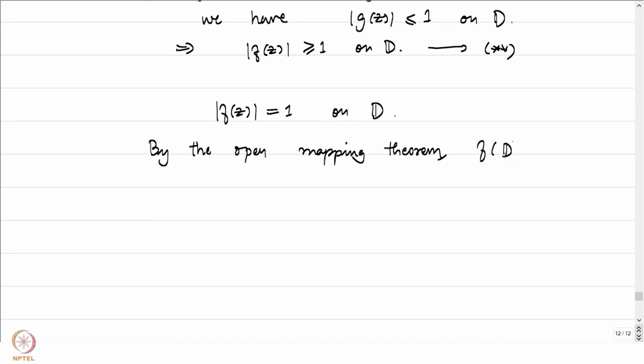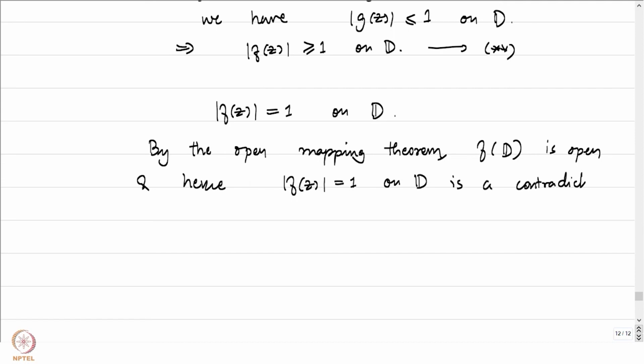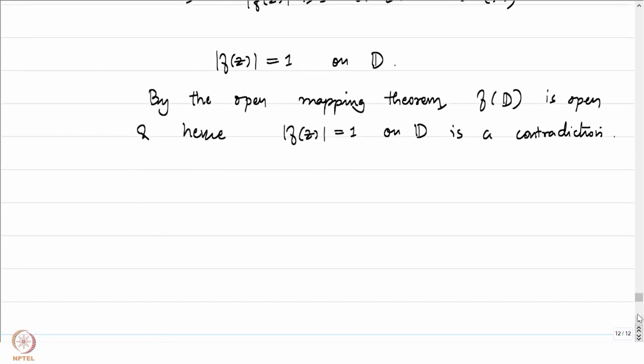F of D is open, and hence absolute value of f of z is equal to 1 on D is a contradiction. Should sit down and think about why it is a contradiction. If it is an open set, it cannot be sitting inside the unit circle in R2, so I will leave that to you, and therefore, hence our assumption was wrong.